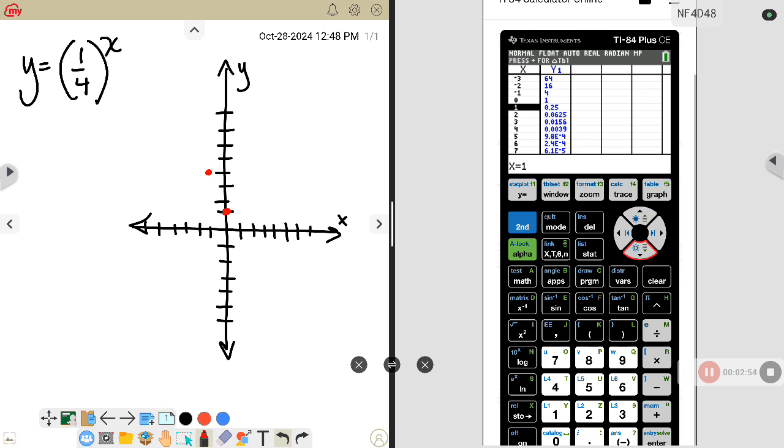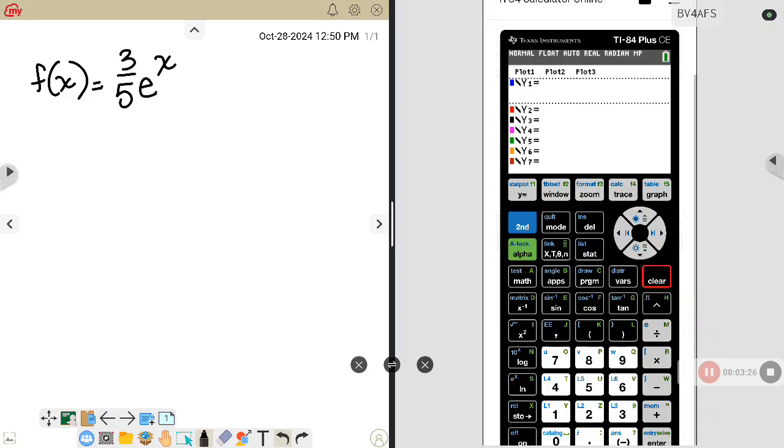So to the right 1 and up just a little bit at 0.25. And then it's just going to get closer and closer to the x-axis going this way. That's what happens when the absolute value of your base is less than 1. It reflects that, or it moves the part that shoots up into the air to the other side of the y-axis.